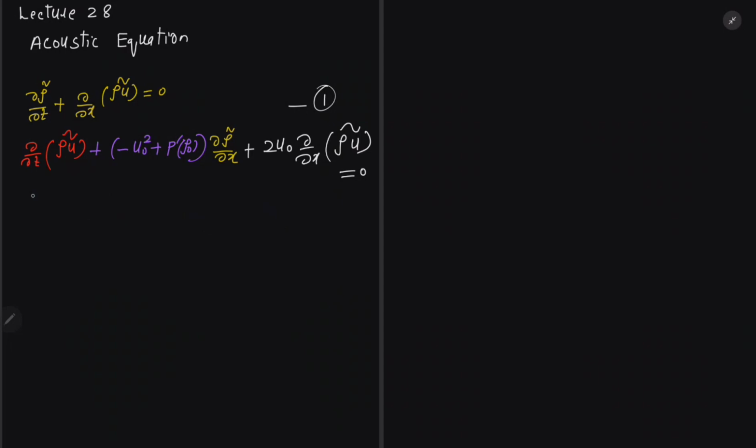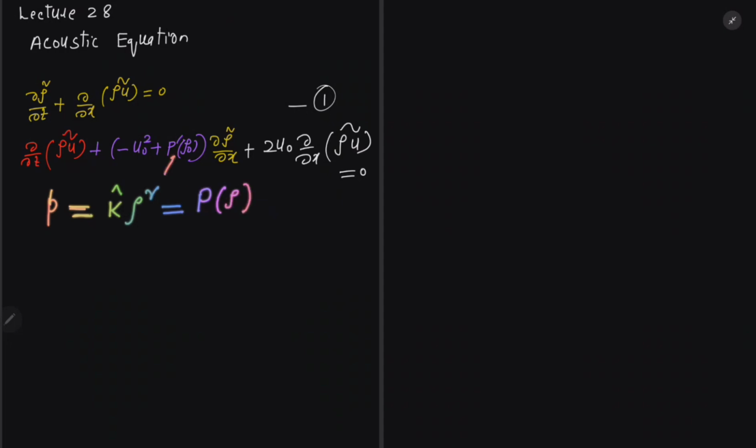Previously, we saw that p was equal to some quantity coming from the equation of state. We saw that small p was equal to k hat rho gamma, and this is equal to capital P, and capital P is a function of rho.